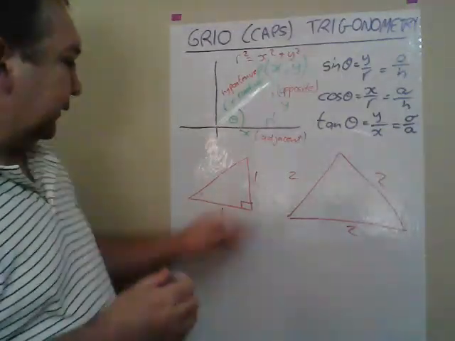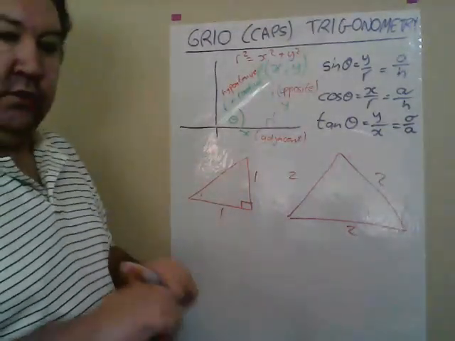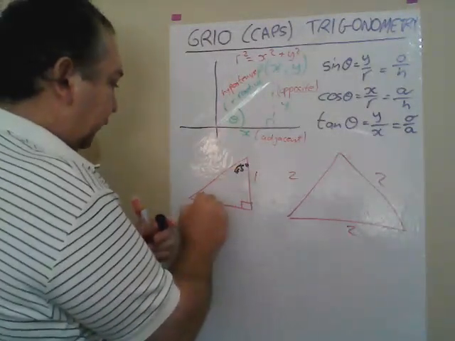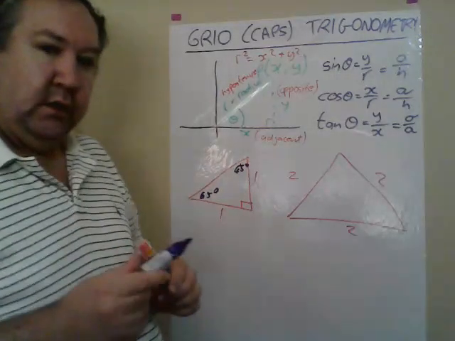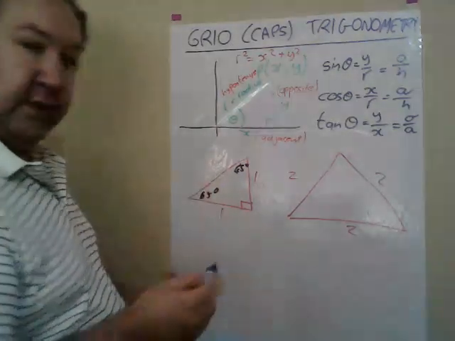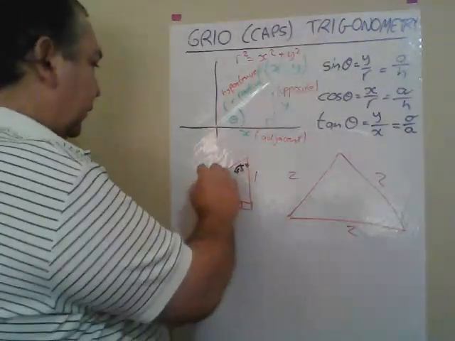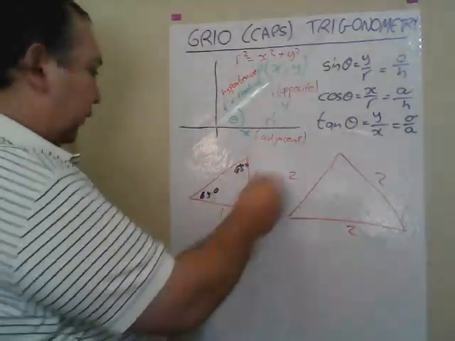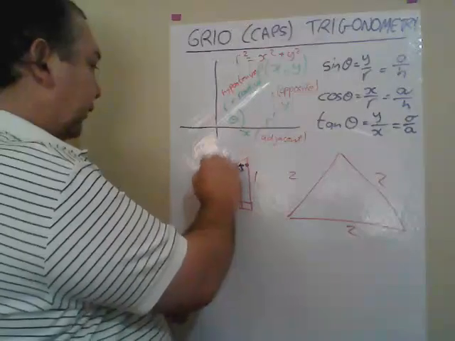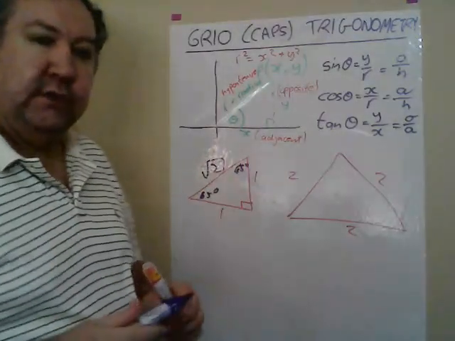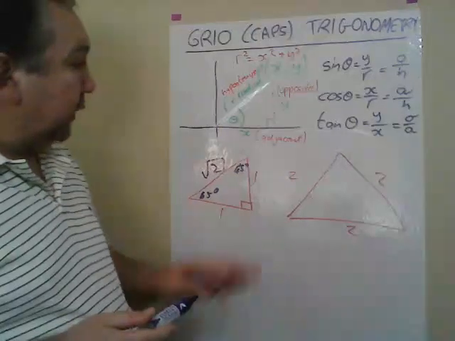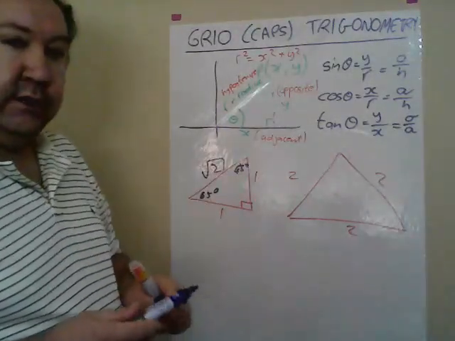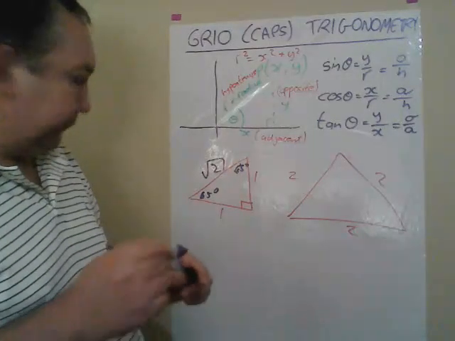So if this is 90 degrees, we're left with 90 degrees for those two, which means each one is 45 degrees. Next, we can find the hypotenuse, which will be the square root of 1 squared plus 1 squared, which is 2. So the hypotenuse is square root of 2. Just an application of Pythagoras. You'll find that we come across Pythagoras quite often in this section of the work.